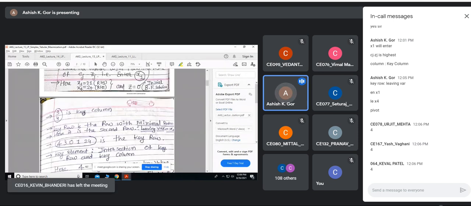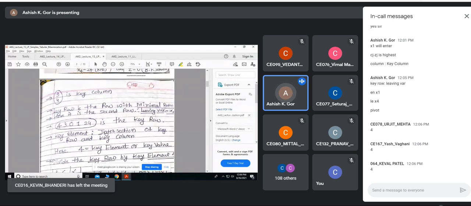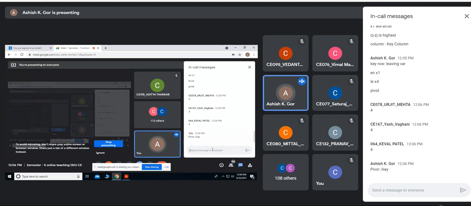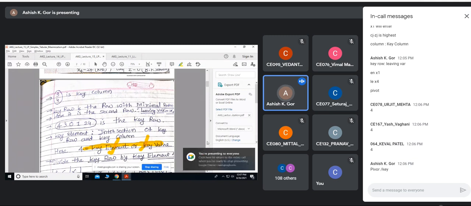So this 4 is known as the pivot element, or other names are key element or key value. These are the same thing.